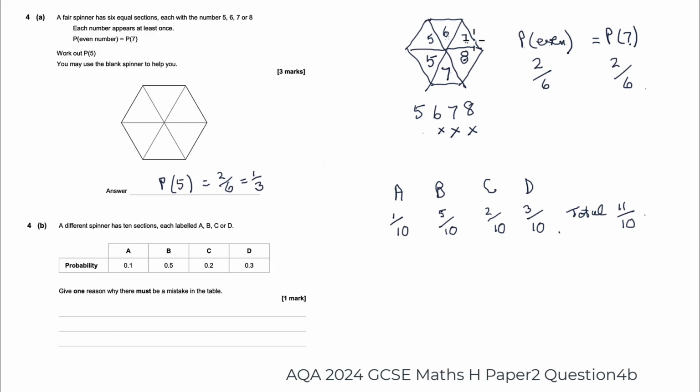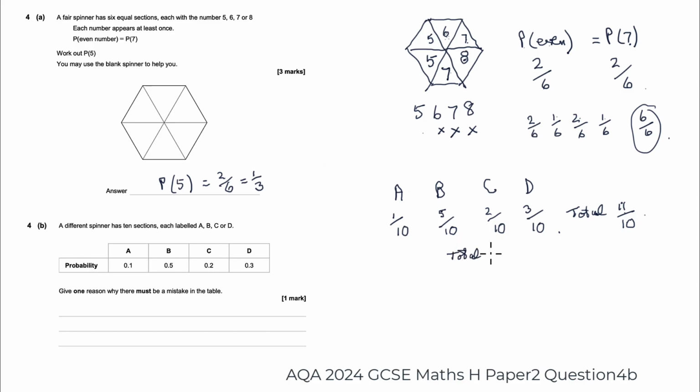If we look back at this spinner, you've got the probability of a 5 being 2 sixths, of a 6, 1 sixth, of a 7, 2 sixths, and an 8, 1 sixth. And if you add these up, 2 plus 1 plus 2 plus 1, you'll get 6 chances out of 6, which is what you should get. This should be 10 out of 10.